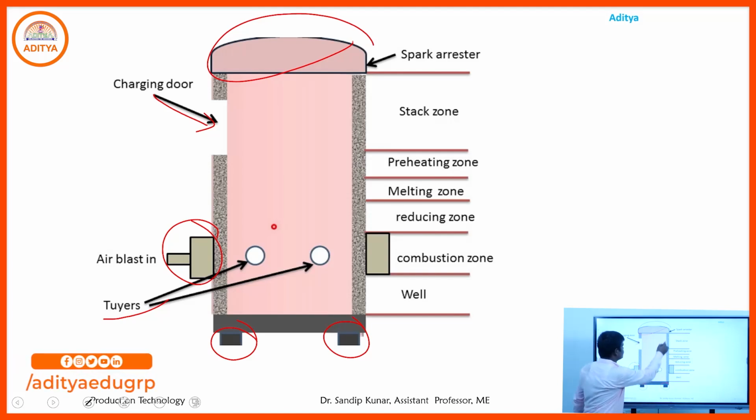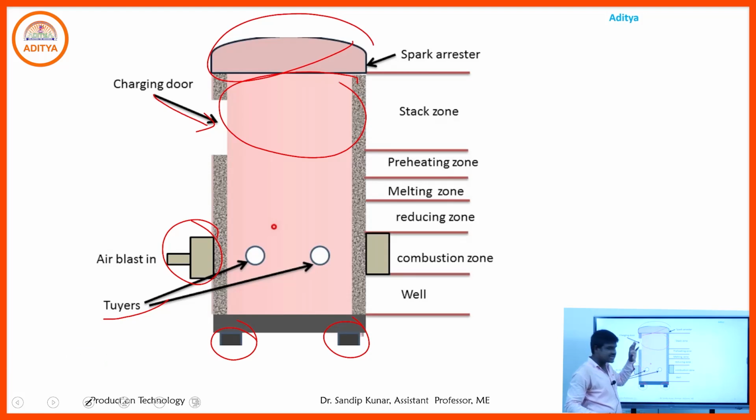And this is the stack zone. Here smoke is initially stacked, and when we send the charge here it also takes preheating in that zone. The charge is initially preheated to about 1050 degrees centigrade.